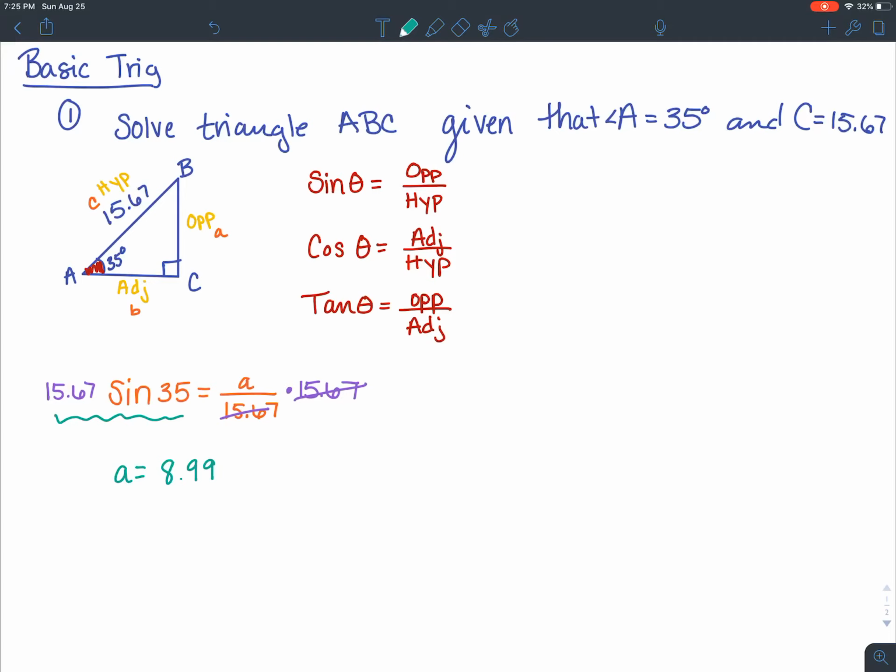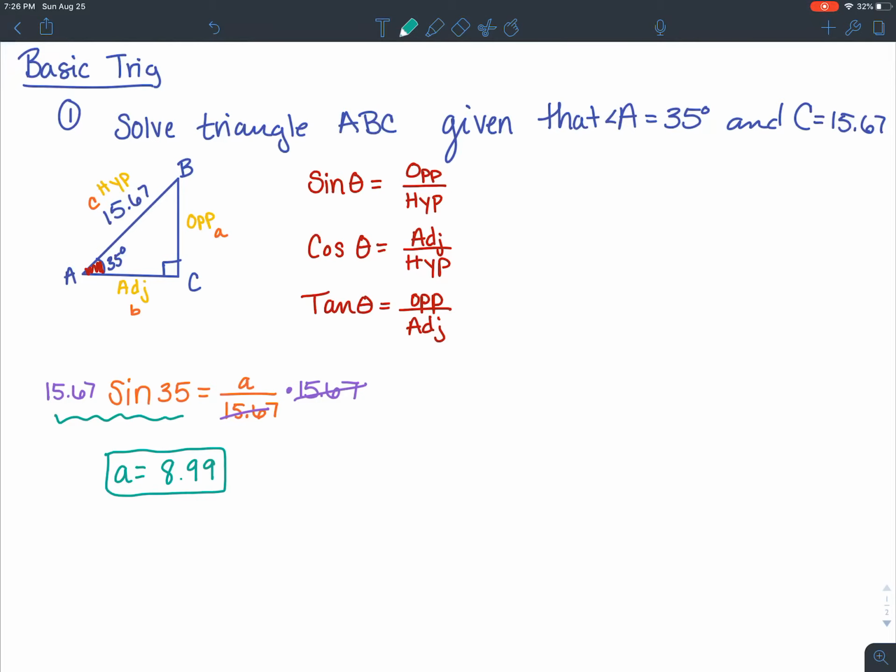I have not found everything from this triangle. My suggestion, because you should know how to do this, is to pause the video and see if you can find everything else. Angle B should be super easy, and so should side B. Finding angle B: remember, angles of a triangle add up to 180.